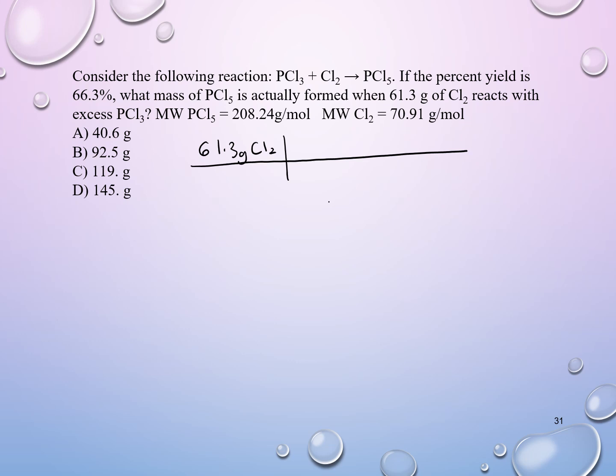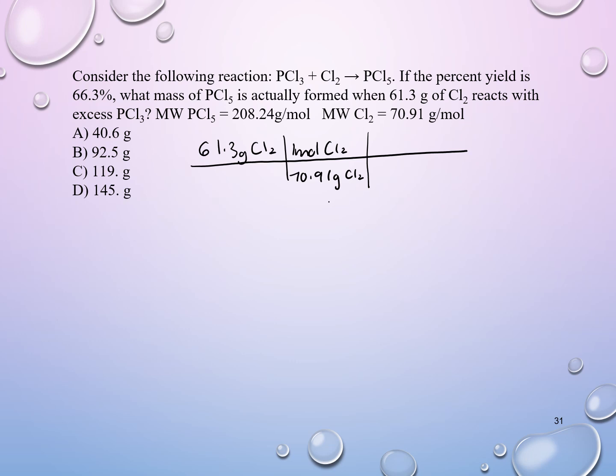Once you get the 100% number, you say, well, it says the percent yield is 66.3, so that means it's just 66.3% of my theoretical yield. So let's turn it to moles of Cl2 first. 1 mole of Cl2 is going to weigh 70.91 grams of Cl2.